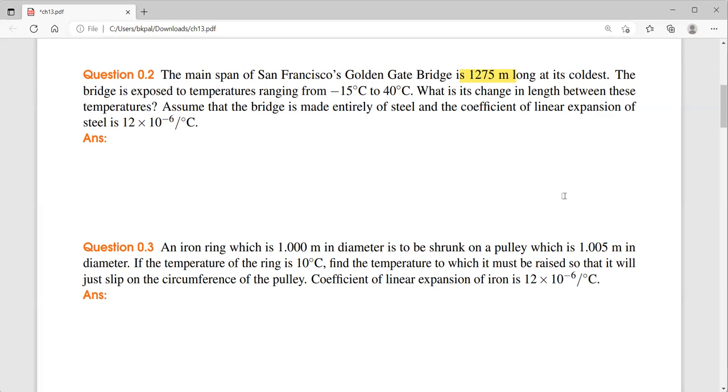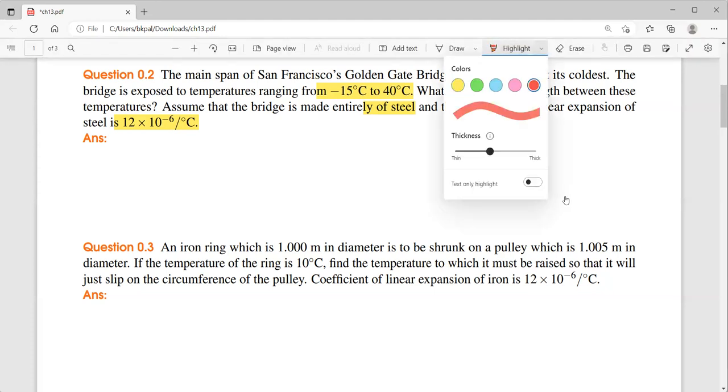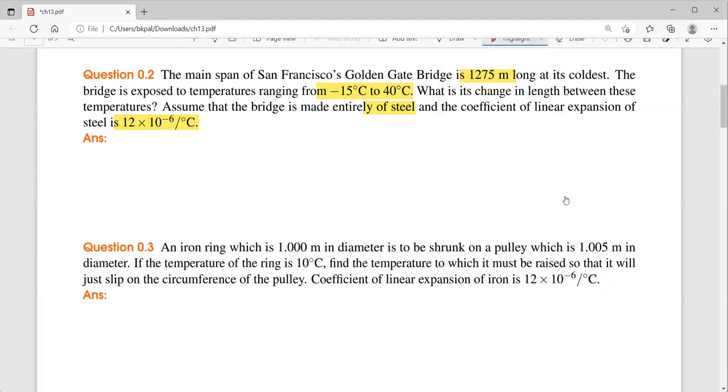It normally changes from negative 15 degrees to positive 40 degrees Celsius. The bridge is made of steel, and the linear expansion coefficient for steel is given. With this, we have to calculate the change in length.